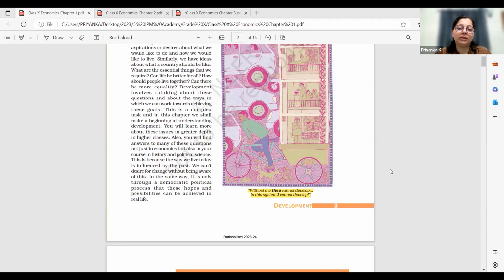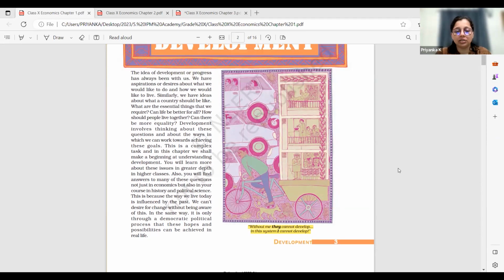So that's what is depicted in this small picture, which says, without me, they cannot develop. In this system, I cannot develop. So we are all part of a society, which is a system. And if the society has to develop, without me, they cannot develop. And without that system, I cannot develop. So it's a two-way process.